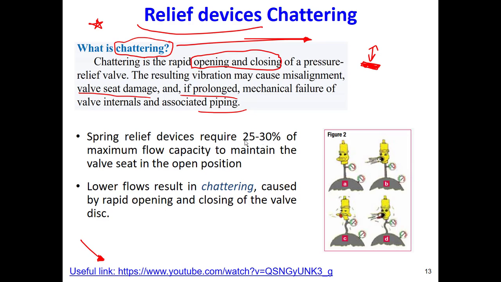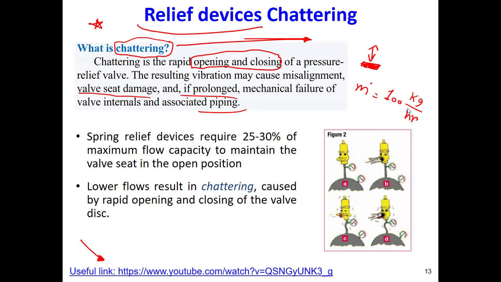Usually, once you are sizing the valve, you will find the maximum capacity of the valve. You calculate the valve based on the maximum capacity, which is, let's say, a flow rate of 100 kilograms per hour.